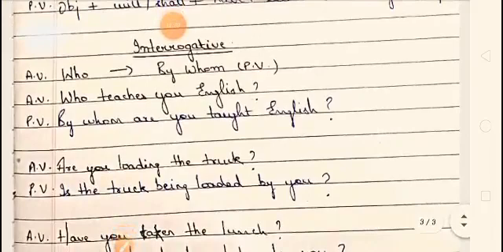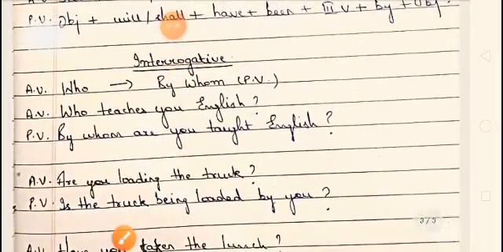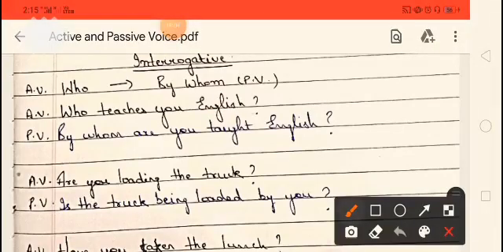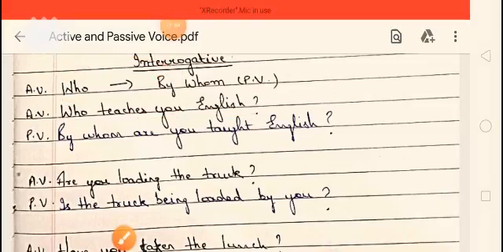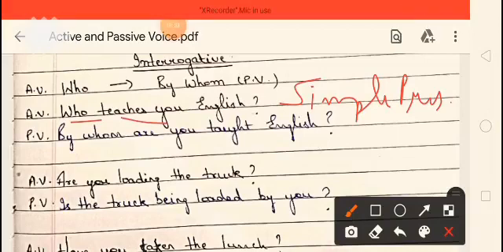One thing more, students, let us see a few more sentences. In case the question is in active voice and it starts with who, then in passive voice who becomes by whom. For example, if I say, who teaches you English, this sentence is in simple present tense, because here is first form of the verb plus s or es.